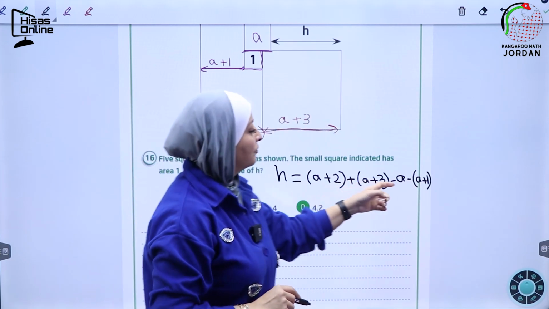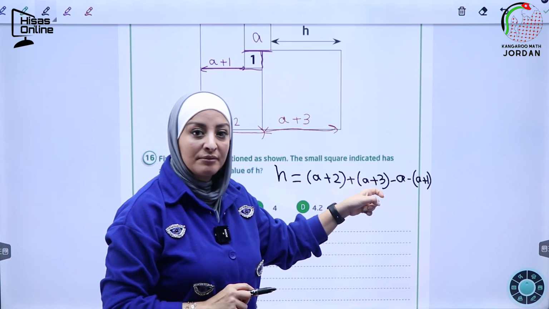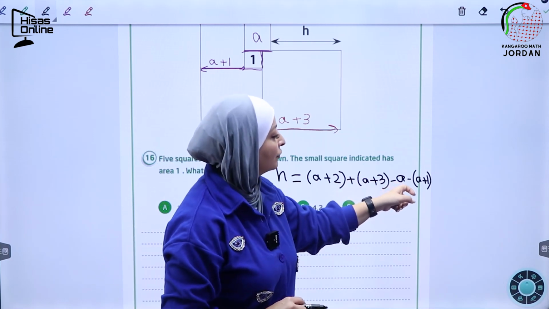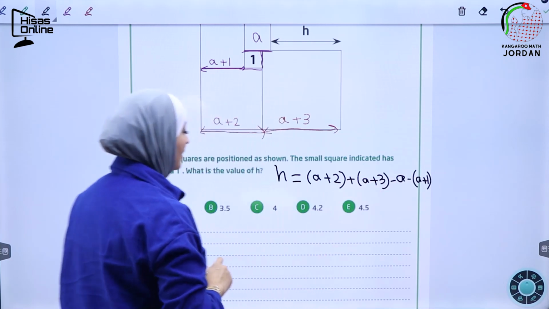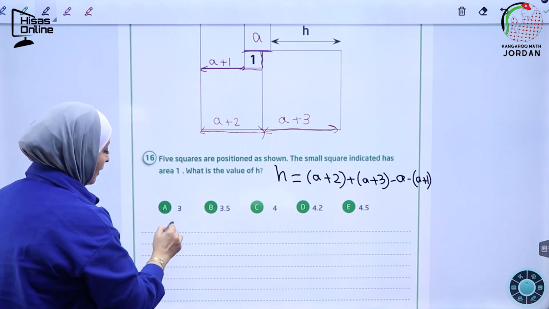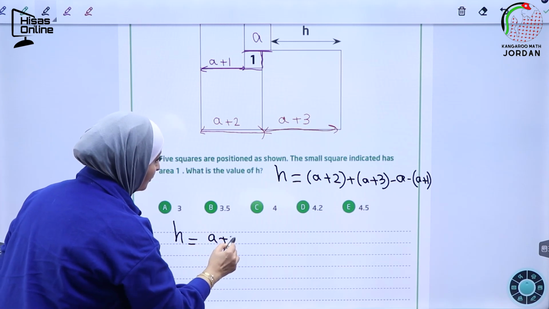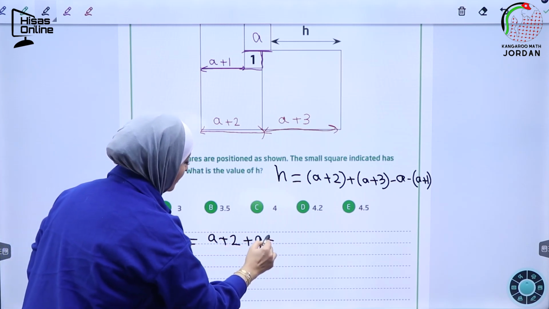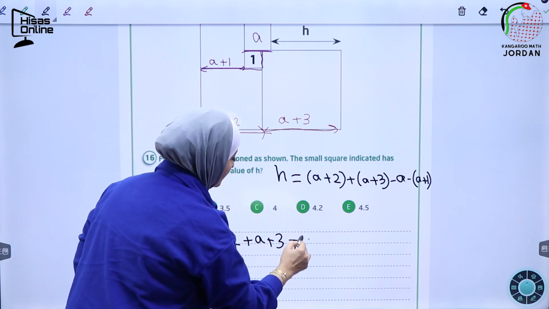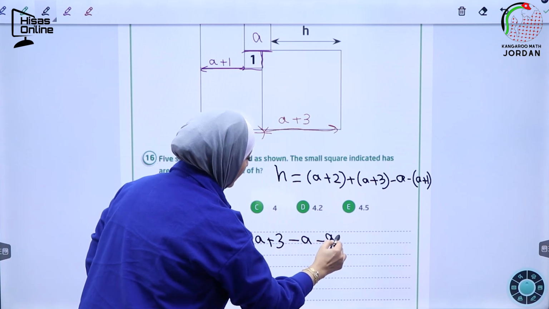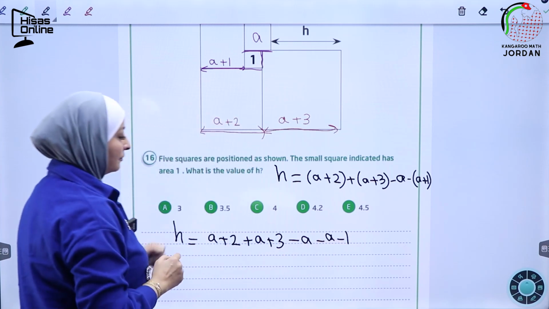I will distribute the negative sign here, guys. Please pay attention to this point. You have to distribute the negative sign to the brackets, so you will get a new equation. This is A plus 2 plus A plus 3 minus A minus 1, right?